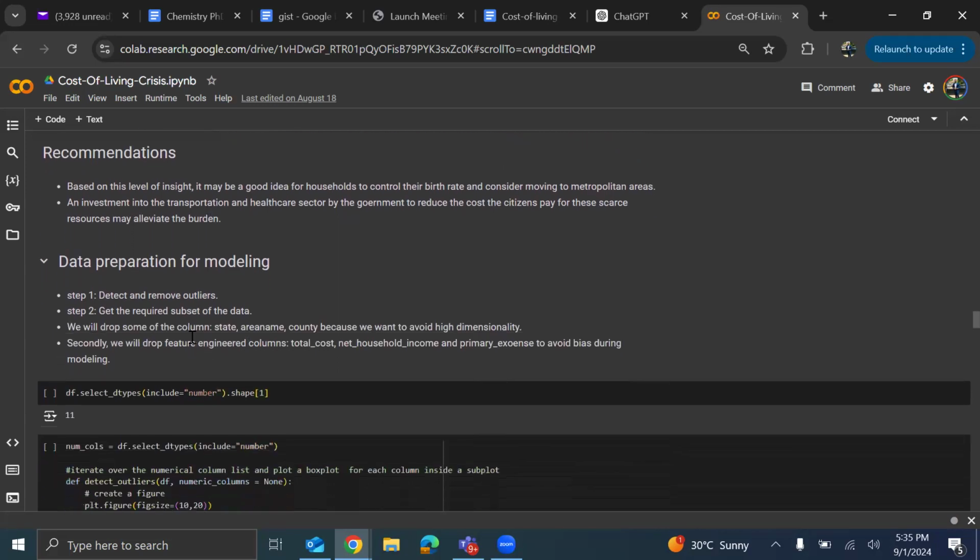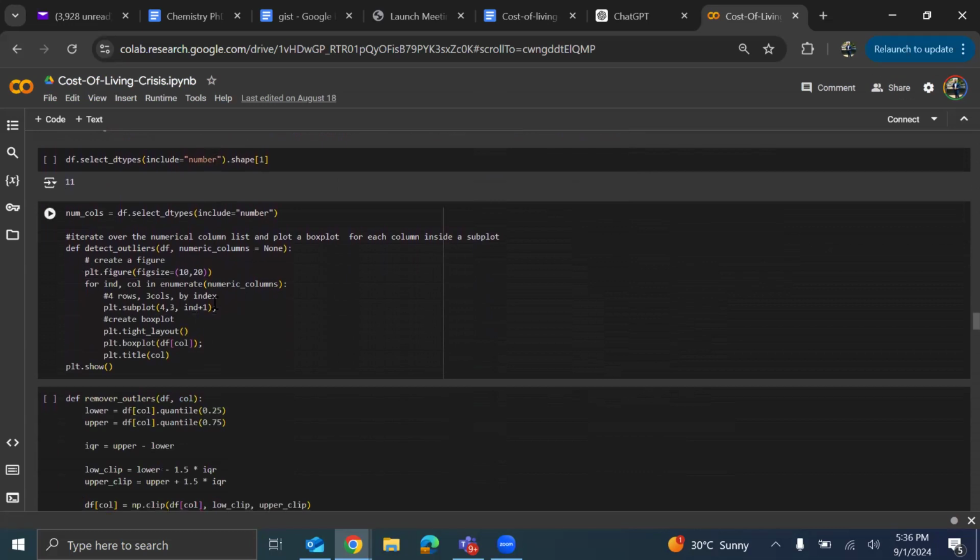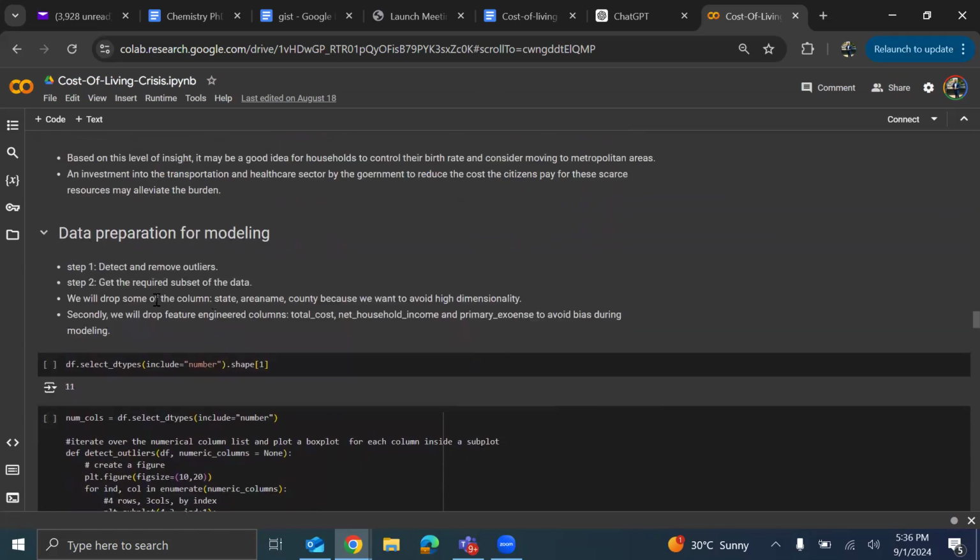So to prepare my data for modeling, what did I do? I first removed outliers, that's my step one. Then I get the required subset of the data that I need for modeling. Then I drop the columns I don't need, and I also drop the engineered features.